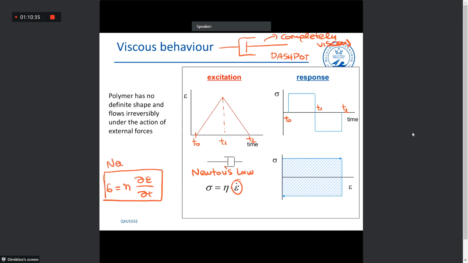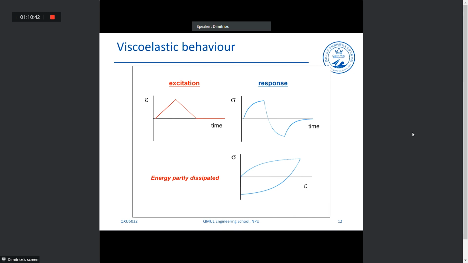And finally, we can see that for viscoelastic behavior, when we have an excitation like that, T0, T1, and T2, you can see that the behavior is much more complex. This is just an example of a viscoelastic behavior. The response can be different.